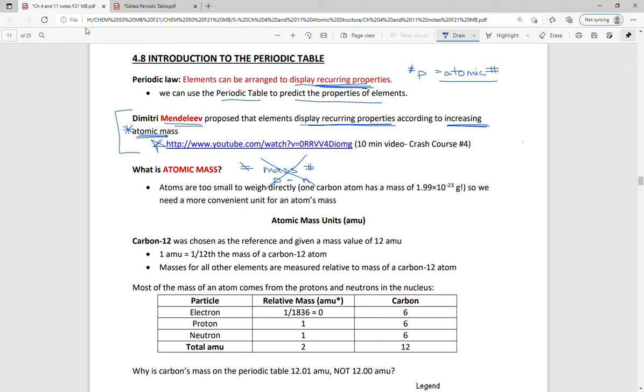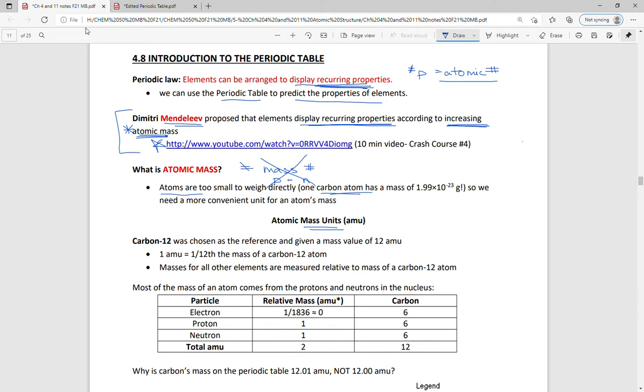Atomic mass is basically a weighted average of all the known isotopes. Atoms are way too small to weigh directly, and so we use a carbon atom as a relative measure. A relative measure is a mass unit. It's roughly the mass of a proton plus the mass of a neutron.